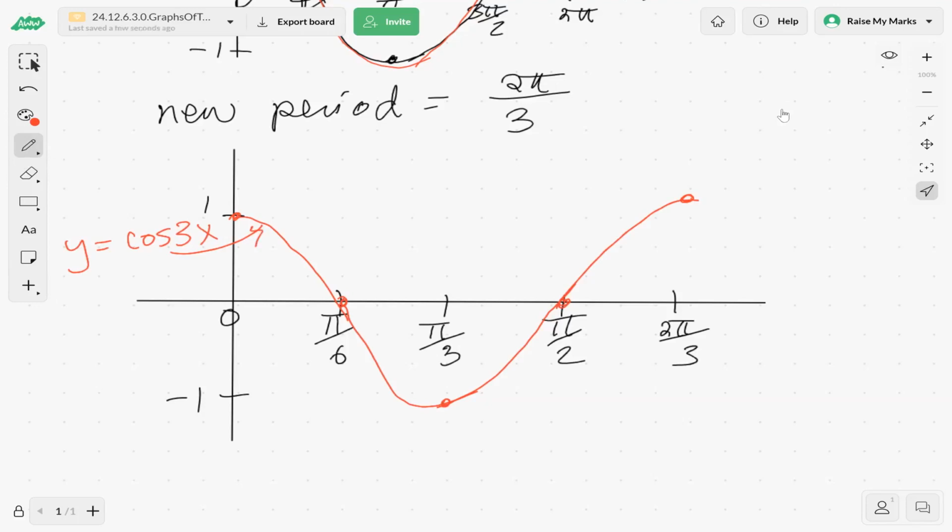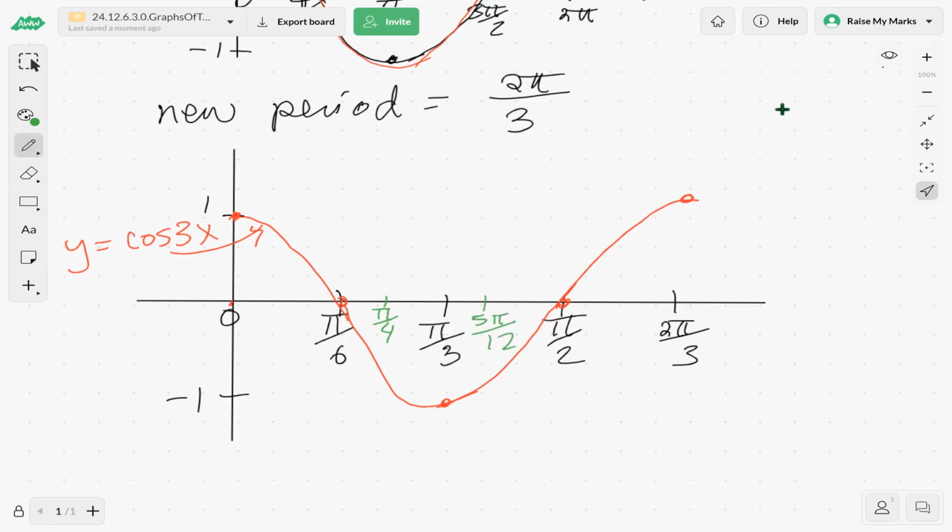This means we need to take every point and move it over pi over 4 units. So if we do that, 0 now ends up, let's use a different color, here at pi over 4. Pi over 6 is moved over pi over 4 units, and it becomes 5 pi over 12.